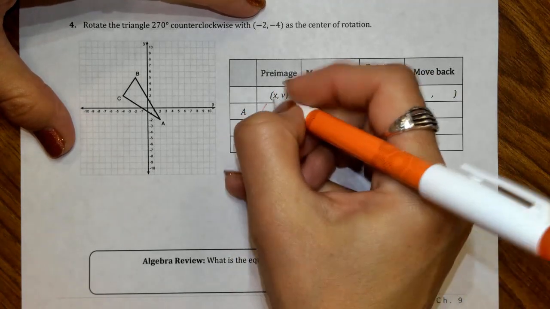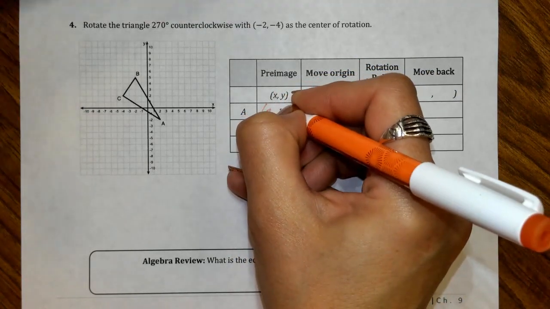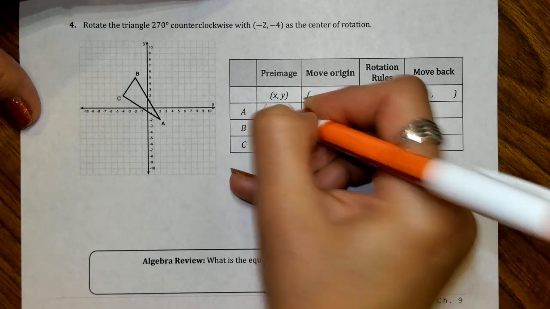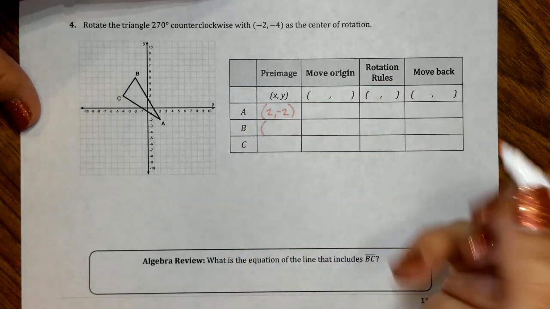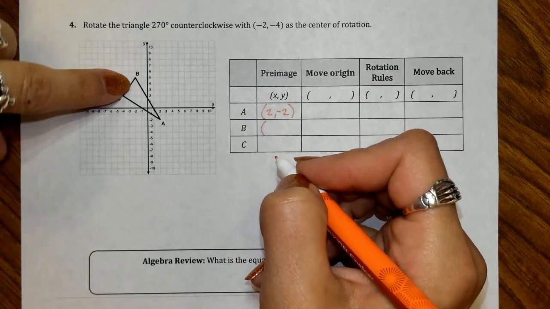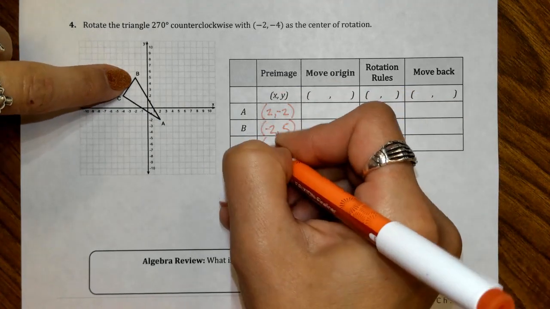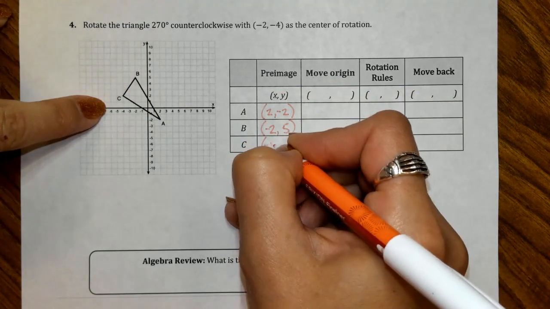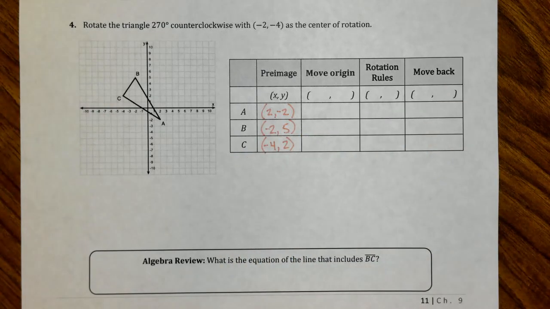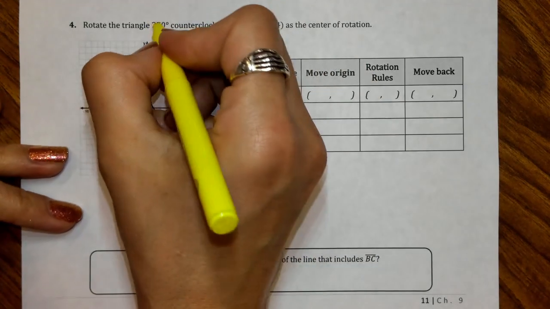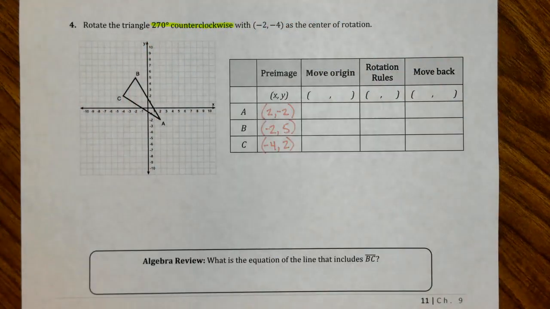If we take a look, X is at 2, A is at 2, -2. This is why we don't rush. We make mistakes. Your B is at -2, +5, and C is going to be at -4, 2. All right, so we're going to be going 270 counterclockwise, so we need to remember we're going to have to find that rule.